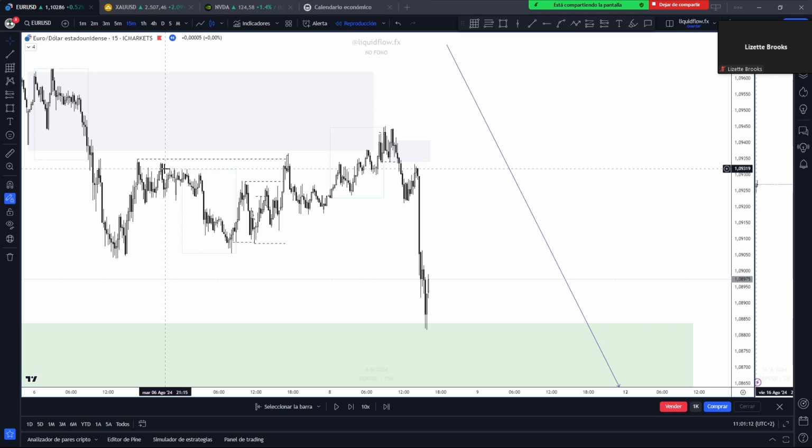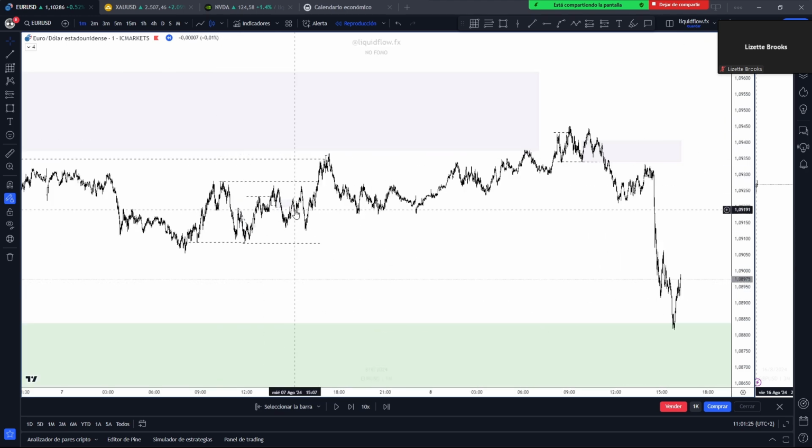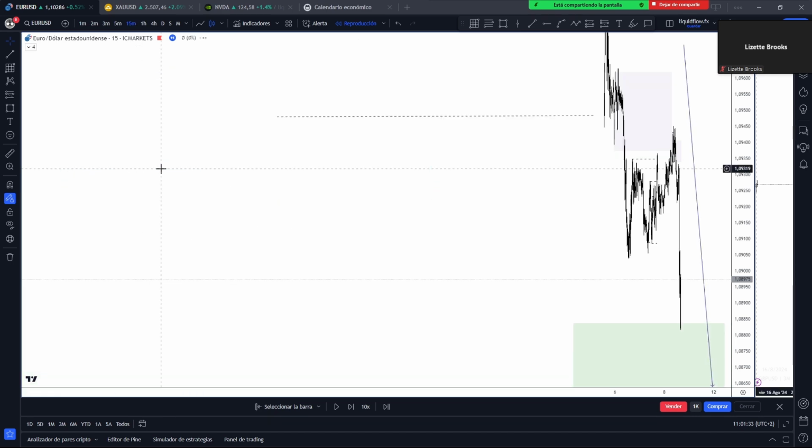But as I say, do you have any clear movement here? Well, you could try, yeah, this is a fail. Here, no. You see, you could not trade in every moment in 1 minute. You could try it, but you will lose many times before you get your entry.